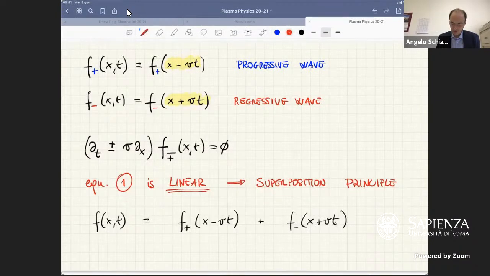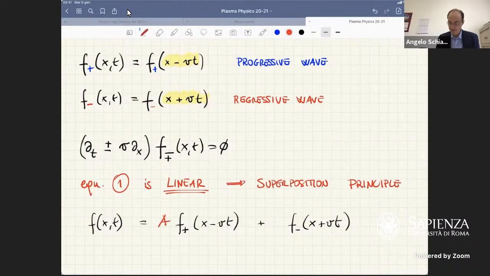For instance, we put here an a and a b constant in front. Whatever a and b and whatever f plus and f minus, it is a solution to the original wave equation.